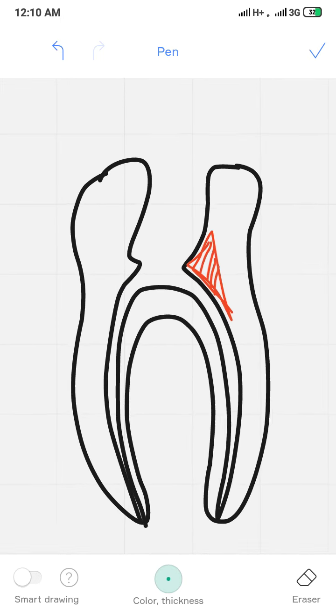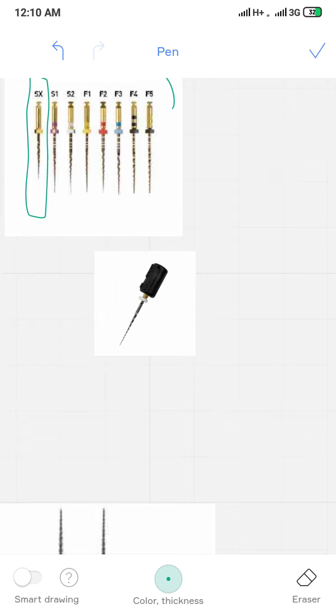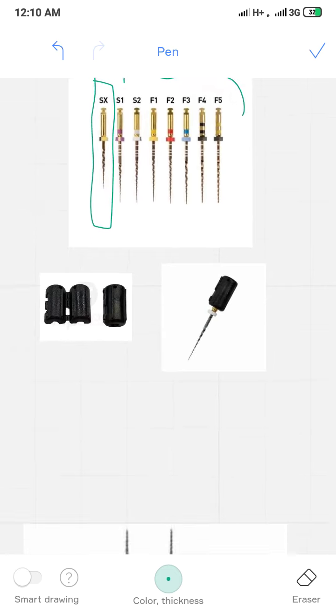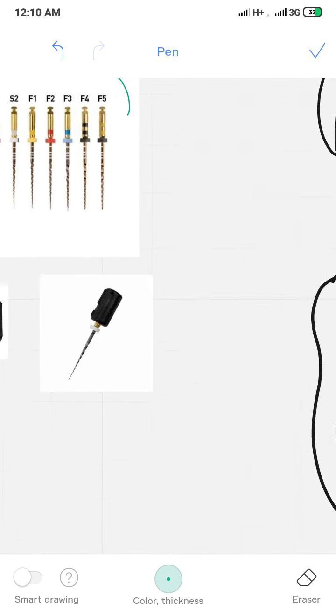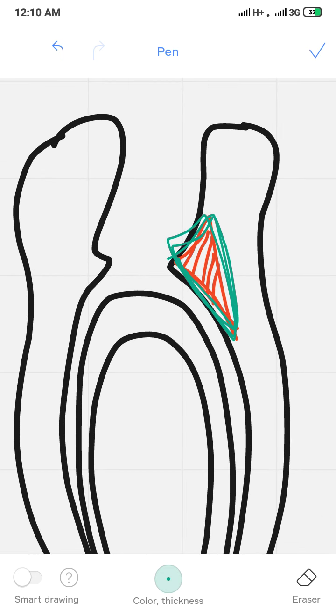For example, in a tooth like this one, when you are trying to remove this dentinal triangle, if you insert an 8% taper file, 8% is very thick, just to compare, yes, it will remove your dentinal triangle, but it will also remove tooth structure or dentin from this thin coronal area too.